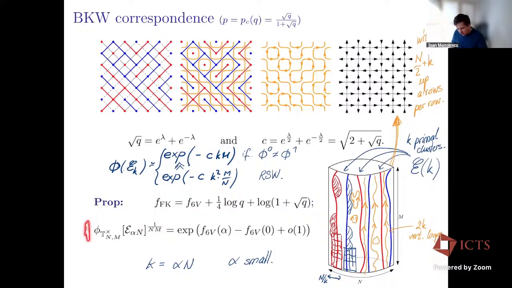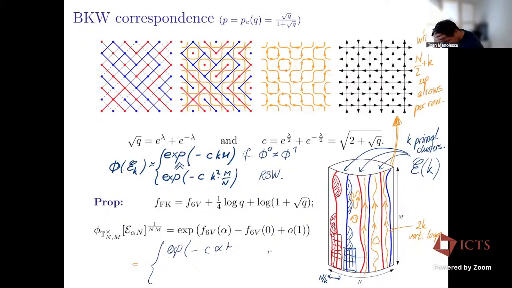And so when you factor this in, if I put k to be alpha n here, you will notice that this probability is either of the order of exponential of minus C alpha mn, sorry, C alpha, or exponential of minus C alpha squared.